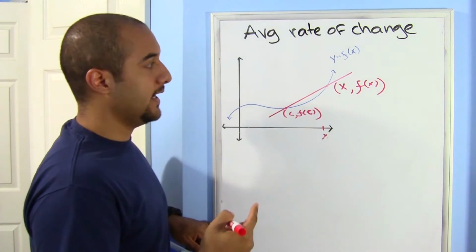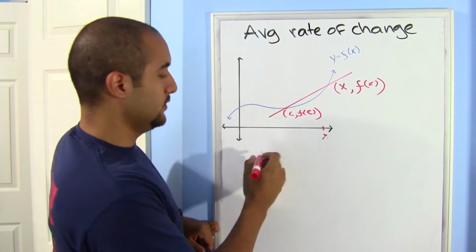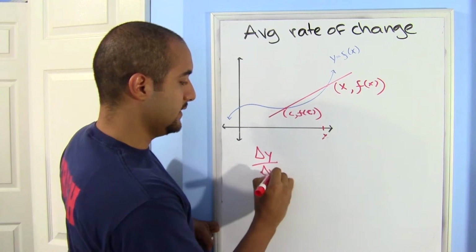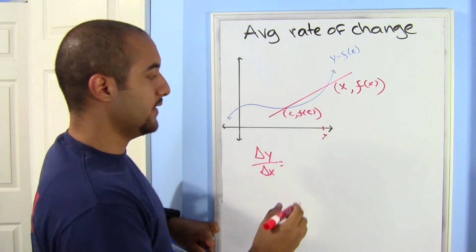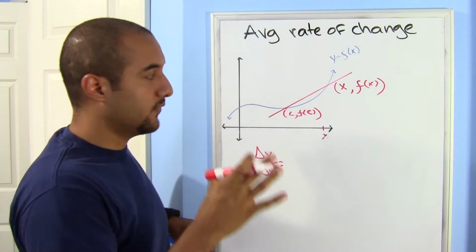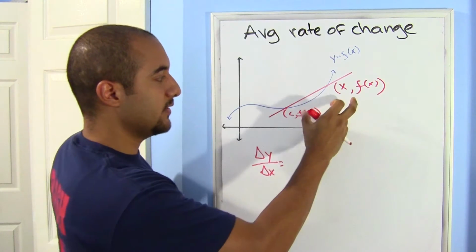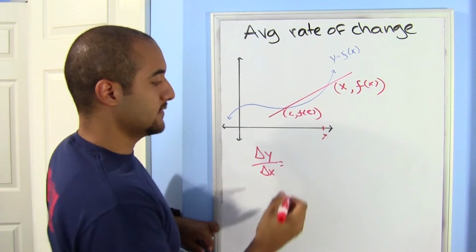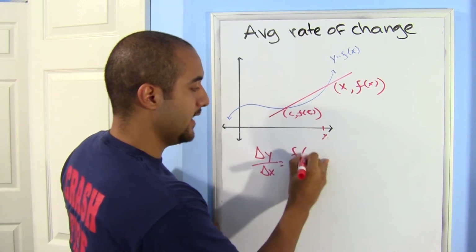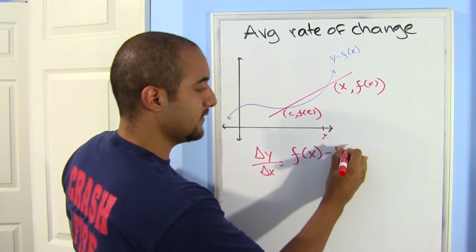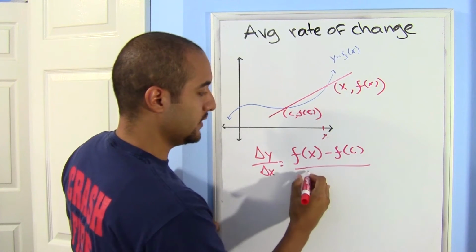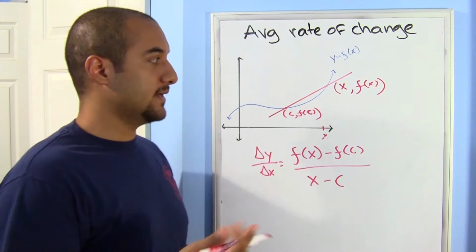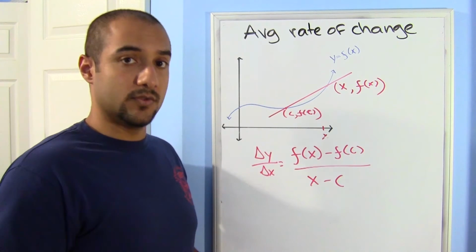If you look back at your average rate of change formula, delta y over delta x, you know that just like before, like for your slope, you're just subtracting the y's over subtraction of the x's. So that's why you get f of x minus f of c over x minus c. So it's actually not as complicated as it looks, because you've done it before.